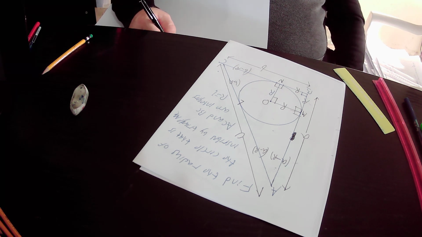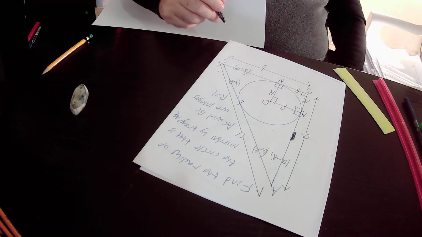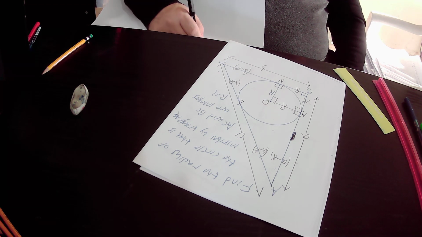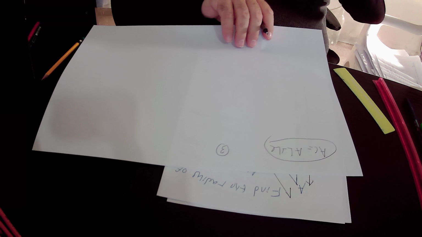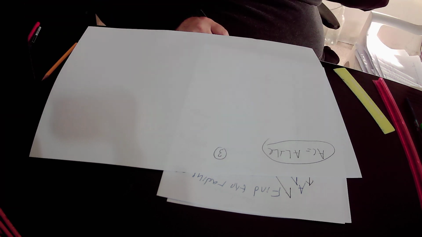From the drawing, it is very easy to see that AC equals AL plus LC. I'll repeat again. The hypotenuse AC equals AL plus LC from the drawing. You can see it.